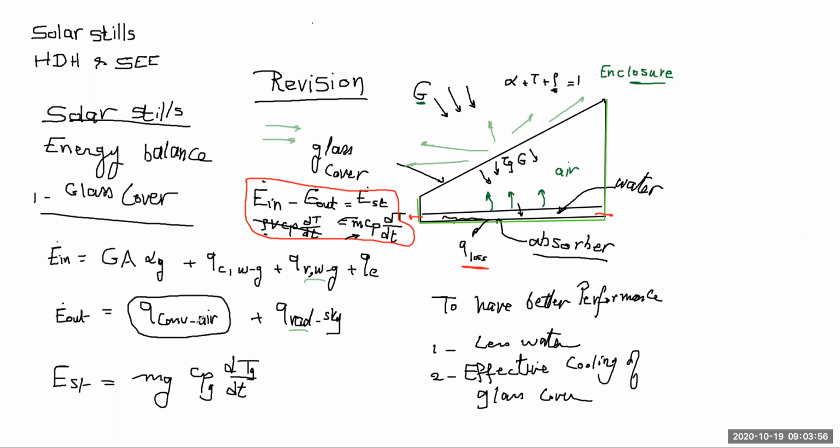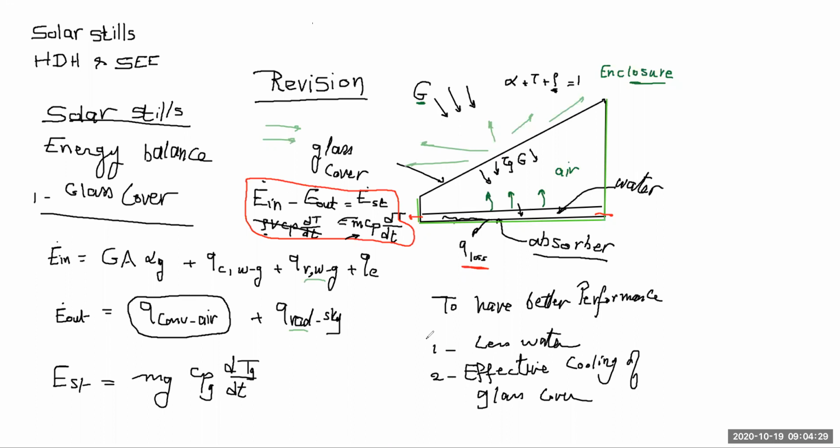An improvement of that can be, for example, instead of having just wind blowing over the glass, you can have more wind by having a fan, which is going to draw air in forced convection at a higher speed, higher quantity, so that the heat transfer coefficient increases. Or if you are going to cool this by water, suppose that you are pouring water here, that's going to give a more effective cooling for the glass, and then the productivity is going to increase.